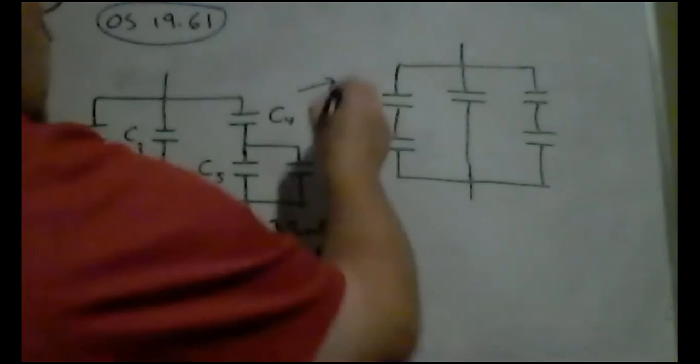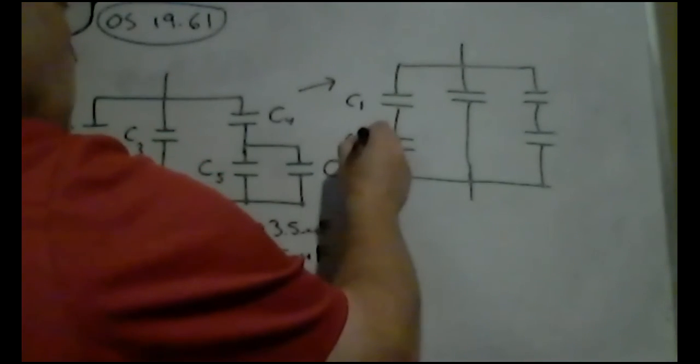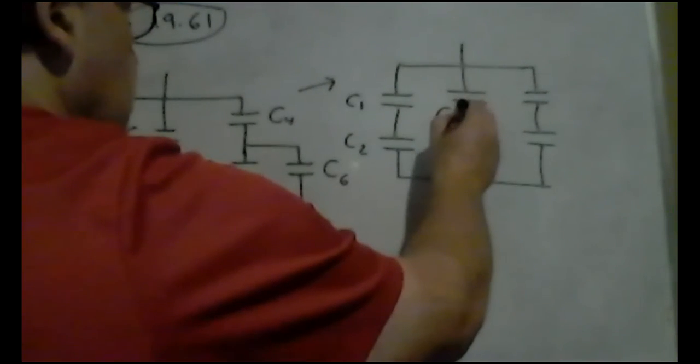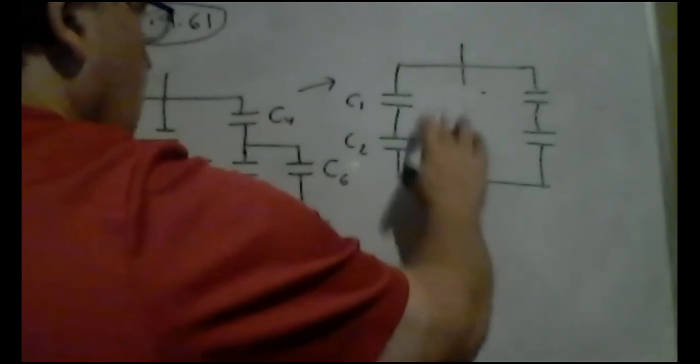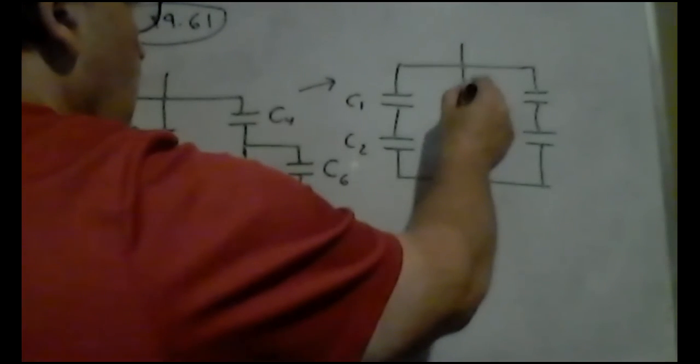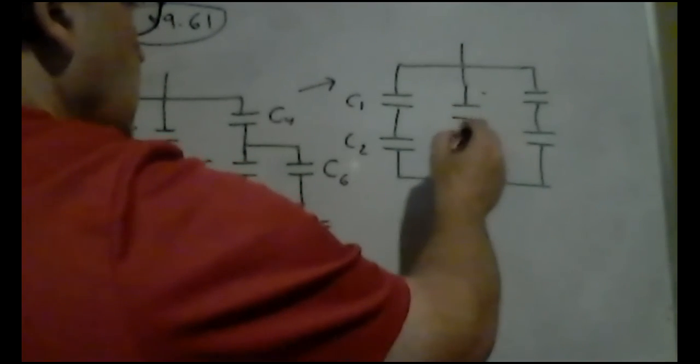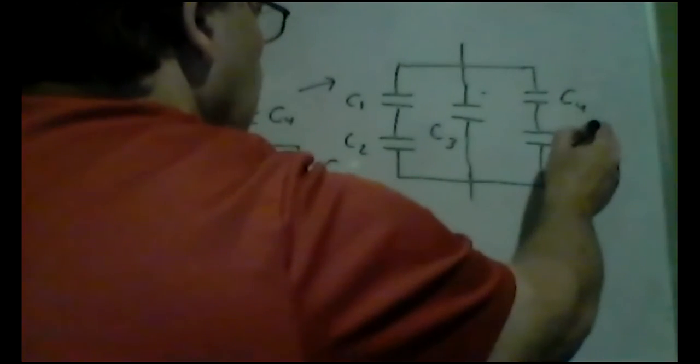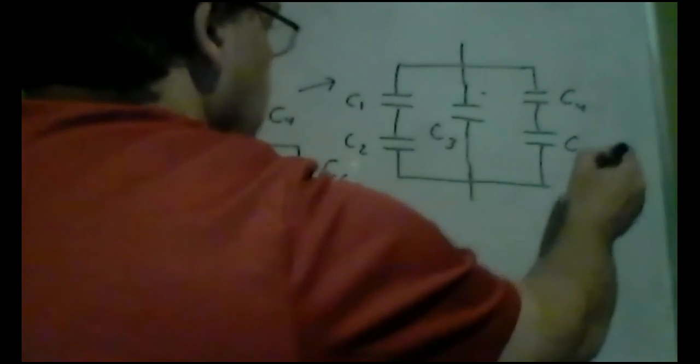So again, this will still be C1, C2, C3. I guess C3 is more central. C3, C4, and this is now C5, 6.